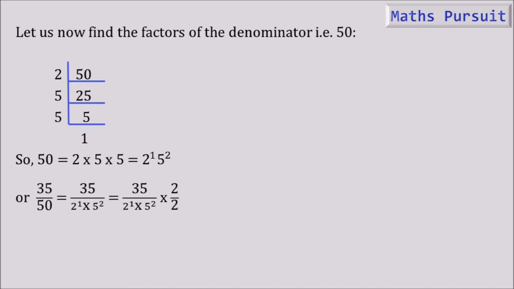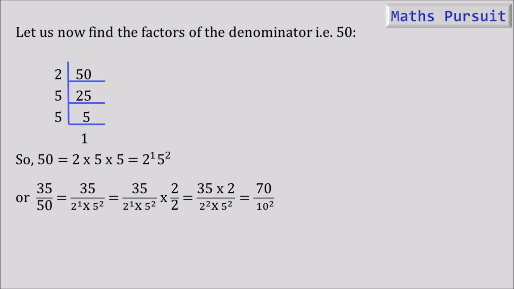After multiplying 2 in the numerator and 2 in the denominator, we get 35 into 2 by 2 to the power 2 into 5 to the power 2. After further solving, we can say 70 by 10 to the power 2. That means multiplying 35 into 2, we get 70, and in the denominator we get 10 to the power 2, that means 2 to the power 2 into 5 to the power 2, which is nothing but 10 to the power 2.